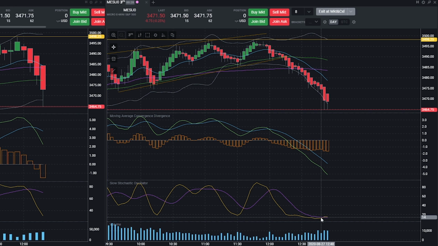But really good midday trading. It's pretty rare to see midday trading with this much volume. Pretty much stayed at 5,000 to 10,000 volume on the 3 minute the whole time. So that's pretty unusual for the lunchtime.